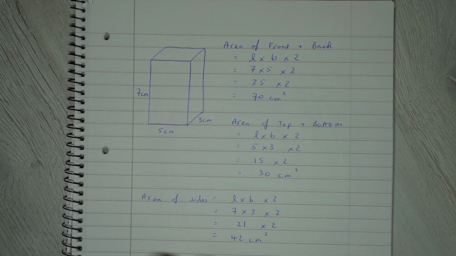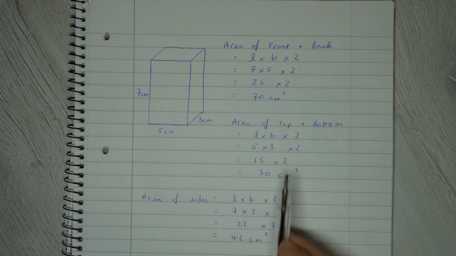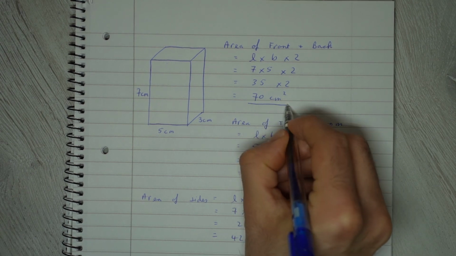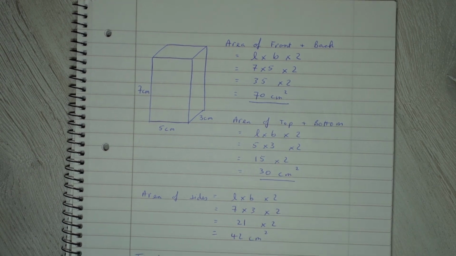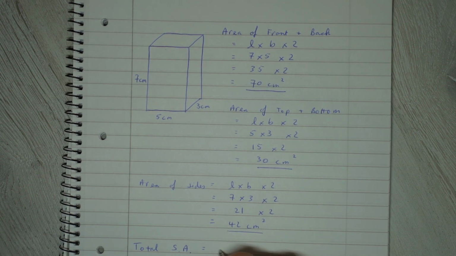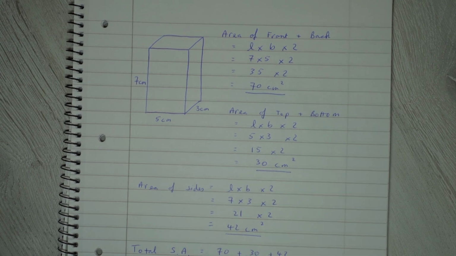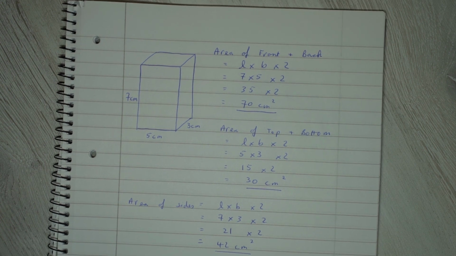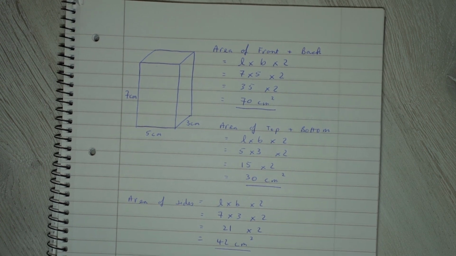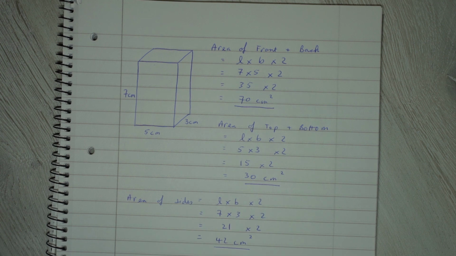So the total surface area is equal to, we need to add these together. 70, 30 and 42. So 70 plus 30 plus 42, which is equal to 142 centimeters squared. Okay, so that is how we need to work so that we can find the surface area of a cuboid.